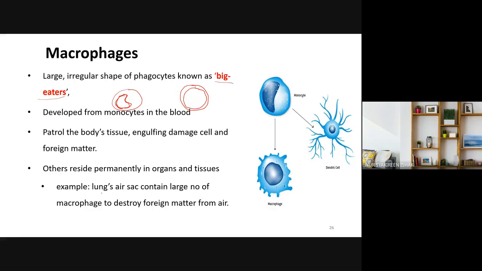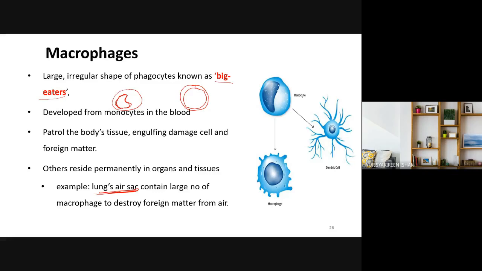Example, the lungs air sac, which is the alveolus, the alveoli, contain large number of macrophage to destroy foreign matters that enter from the air that you inhale. Okay, so the air that you inhale is not 100% clean. It has other contaminants.